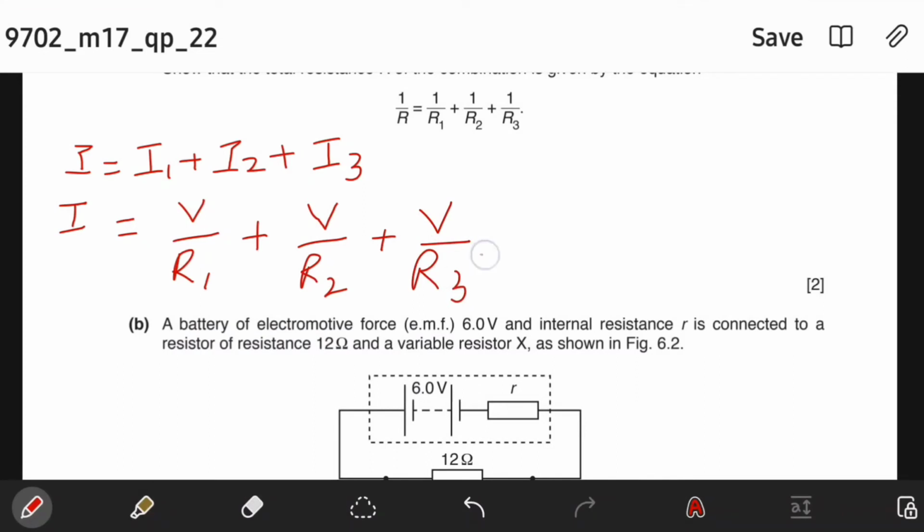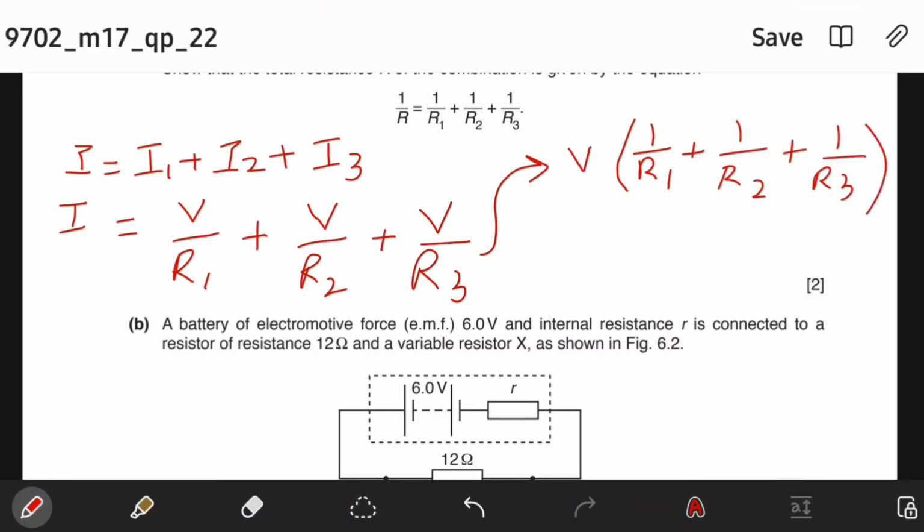Now take V as common and write 1 over R1 plus 1 over R2 and plus 1 over R3.